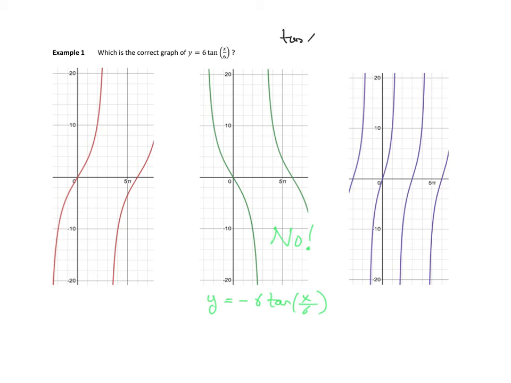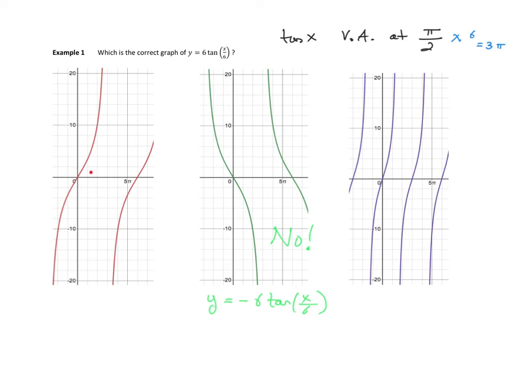For just tangent of x, there was a vertical asymptote at pi over 2. And here, this divided by 6 is really going to multiply this x value by 6. So if I take this x value and multiply it by 6, the value I get is 3 pi. On this function, I'm expecting a vertical asymptote at 3 pi instead of pi over 2 because we changed it from x to x over 6.